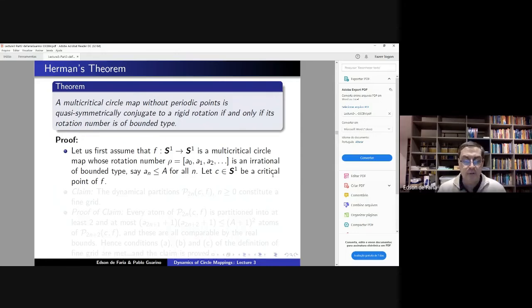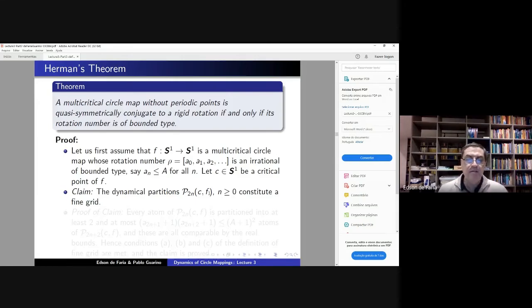Okay, they're bounded by some constant A. So then the claim is that the dynamical partitions P_{2n}(c, f), now I'm actually writing P sub 2n of c, f to emphasize the dependency on f, because I'm going to also look at the dynamical partitions for the rotation with the same rotation number, okay?